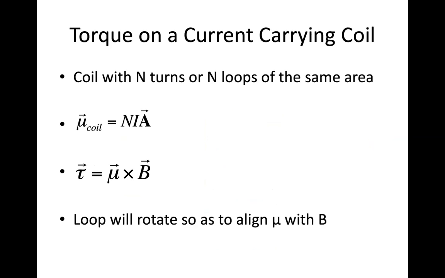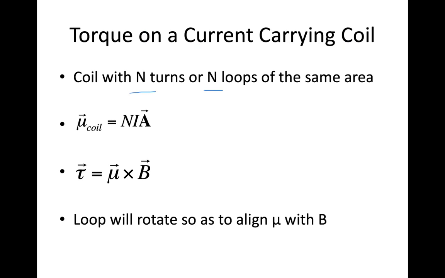Okay, so we can run current through a loop, like a coil, and in doing so, we can create a torque, a motor. Now we're going to amplify this effect by creating a coil, not just a single loop, but N loops or N turns.